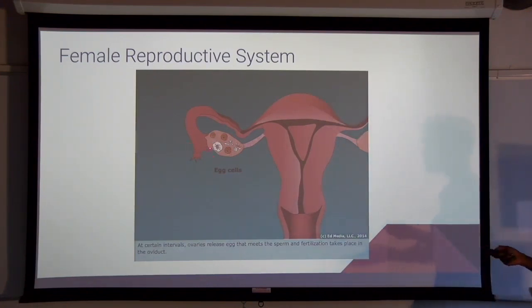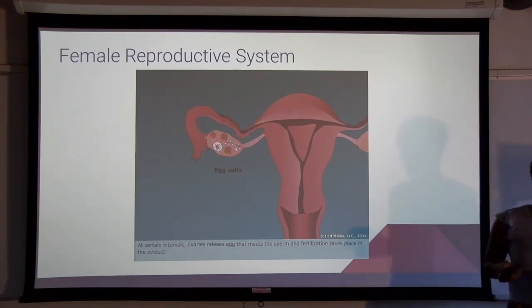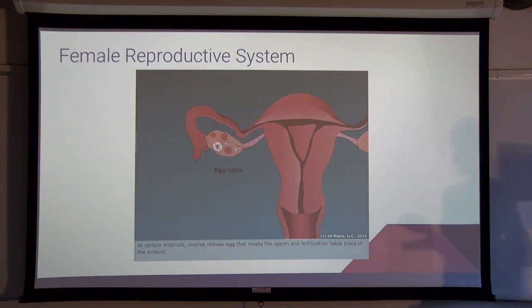The egg is then released into the fallopian tube. After the egg is released, the area that it's released from is the corpus luteum, and that actually closes up. And so this is controlled by the menstrual cycle. The hormones are actually released from the ovary for the uterus. Does anybody remember the two hormones that are secreted from the ovaries? Estrogen is one, and the second one?